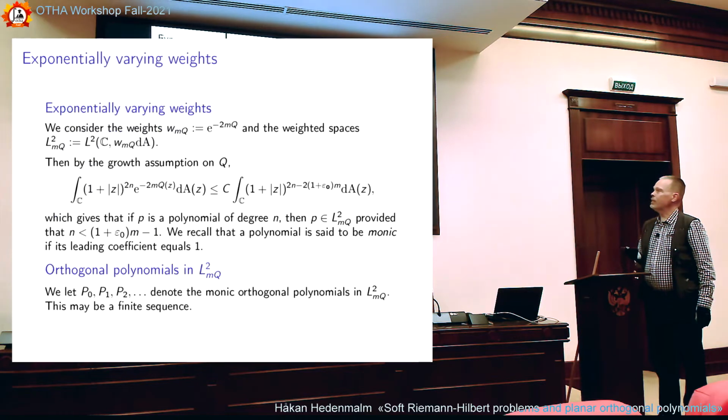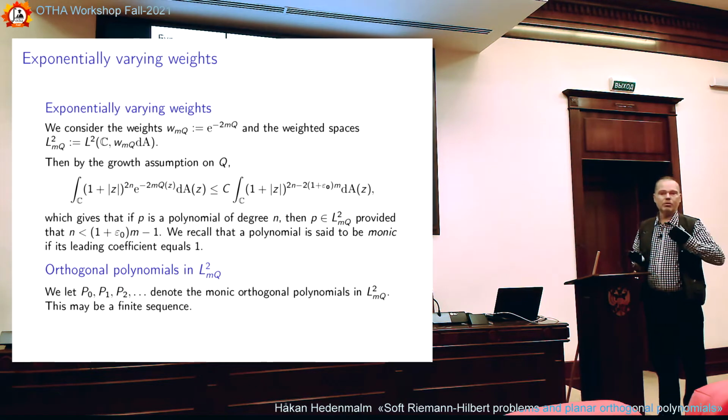Now we come to the setting of this quantum setting. We take weights associated with the potential Q, and we take these exponentially varying weights. This involves a parameter which we call m.